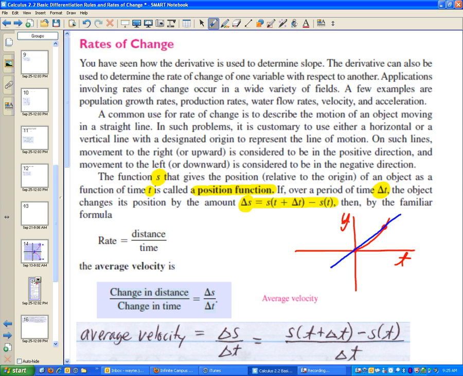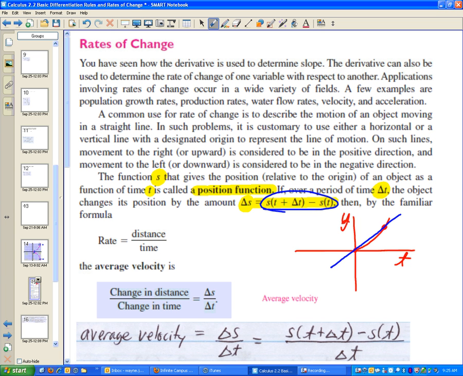Wherever it ends minus where it started, that's how far it's moved. That's y2 minus y1. Remember how we had f of x plus delta x as our y2 and f of x as our y1 with the slope formula? It's the same idea.